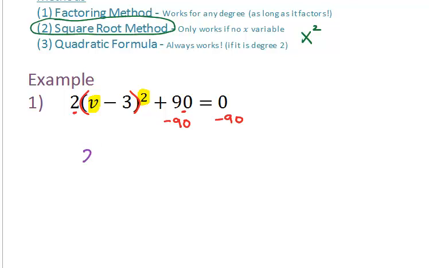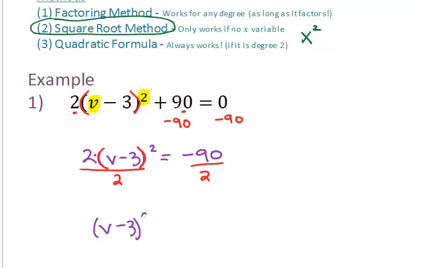That leaves me with 2 times (v minus 3) quantity squared is equal to negative 90. Again, trying to isolate my quantity squared, I need to get rid of my 2. Since it is multiplied by this, I need to divide by 2 on both sides. And that leaves me with (v minus 3) quantity squared is equal to negative 45.